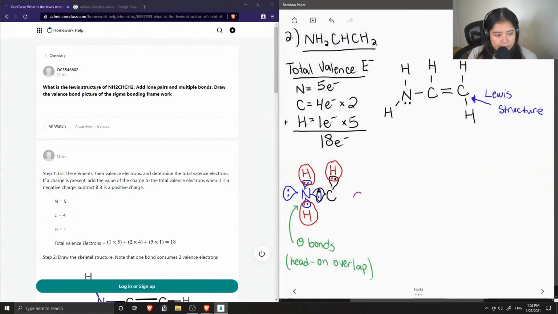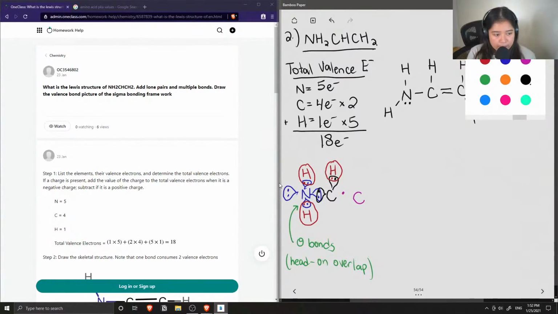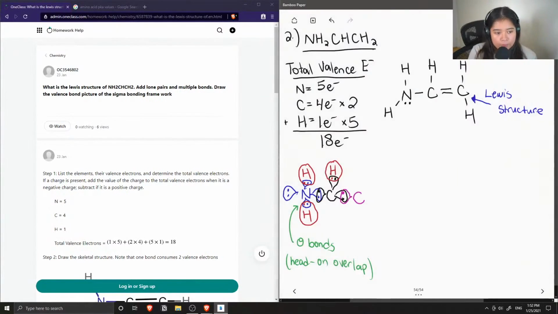So let's do it in this purple color. And notice that there is a double bond. When we have the formation of a double bond, there is still a sigma bond that connects the two carbons, so let me draw this in the same way we've been doing. But now both of these carbons have unhybridized p orbitals.